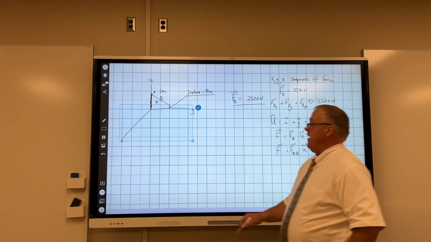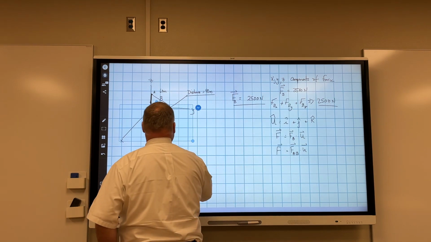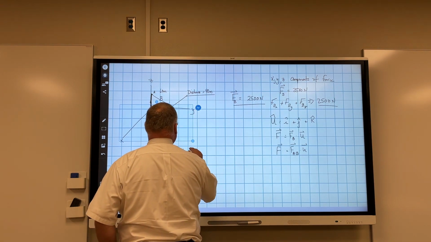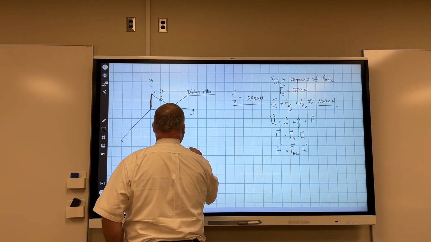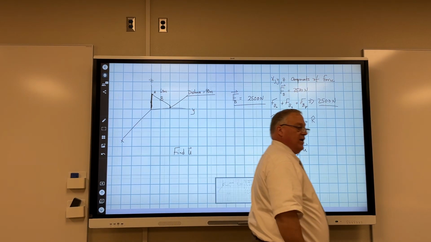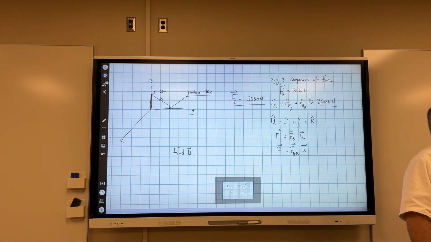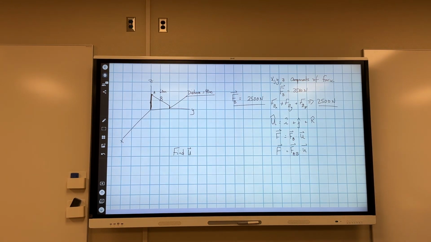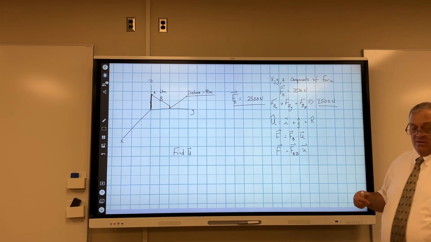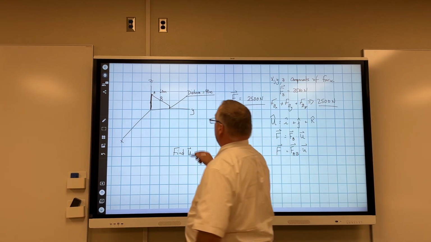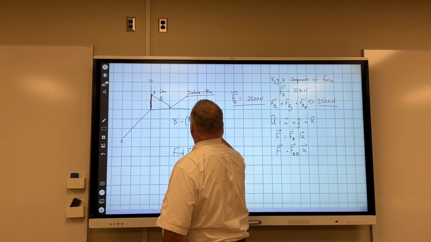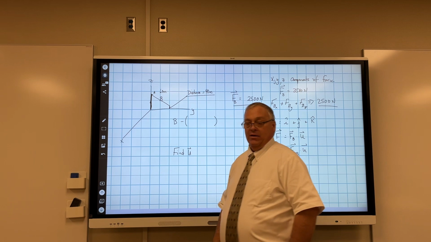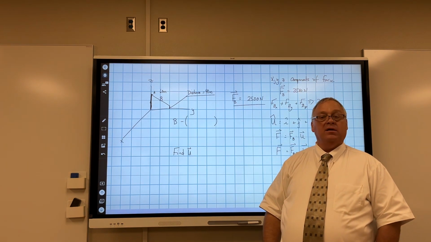Now, we must find our unit vector. How can we find our unit vector? I hinted at it a while ago. We've got some coordinates on our drawing, right? So where is B at? What are the B coordinates? What are the X, Y, and Z for B? What's the X coordinate for B?